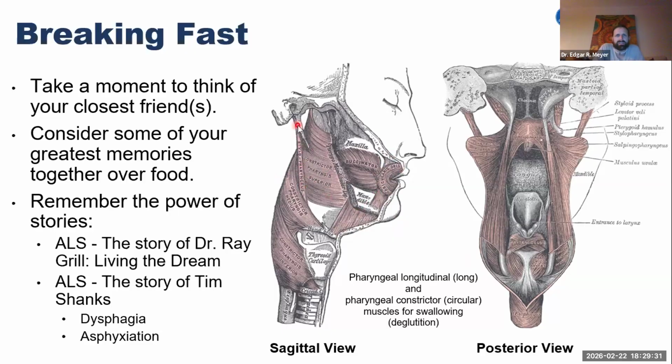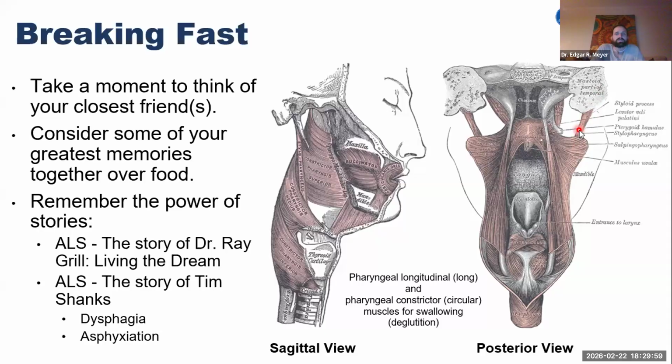In addition, you will see these longitudinal pharyngeal muscles. Here is one here. Here it is in another view posteriorly, and then here is another longitudinal pharyngeal muscle. And so we have three sets of each, and each of these allow us to swallow.